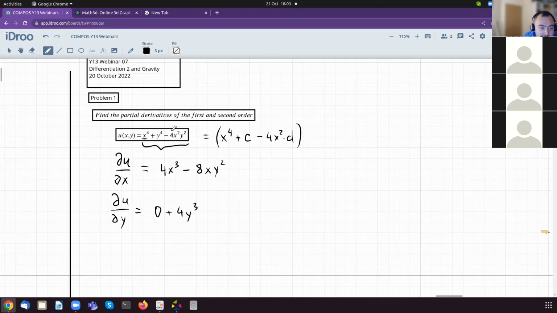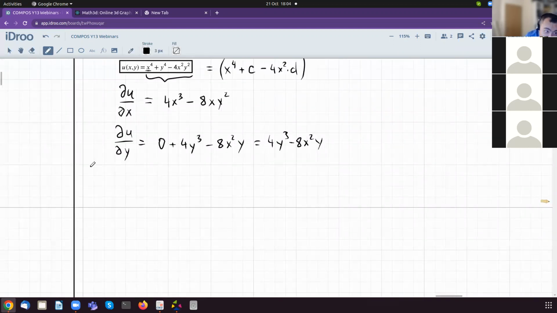Now 4x squared is a constant times 2y. So it's going to be minus 8x squared y. Because 4x squared is a constant, we differentiate y squared, we get 2y. So let's write it down: 4y cubed minus 8x squared y.